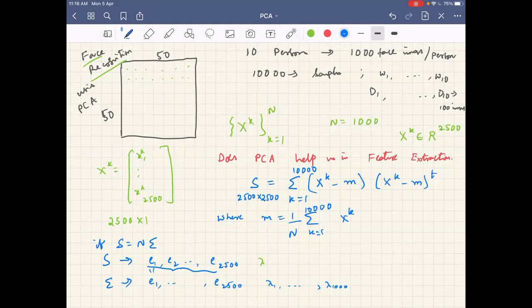Good. So now can any of you tell how the eigenvalues of these are related to this? Lambda 1, or whatever we call it, I will write lambda 1 dash just for differentiating, is equal to n times.